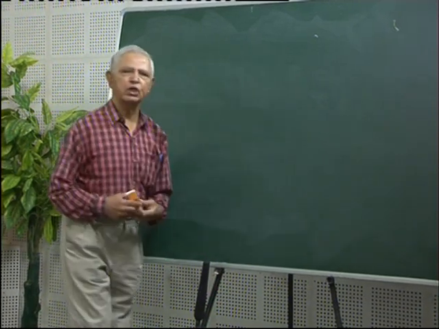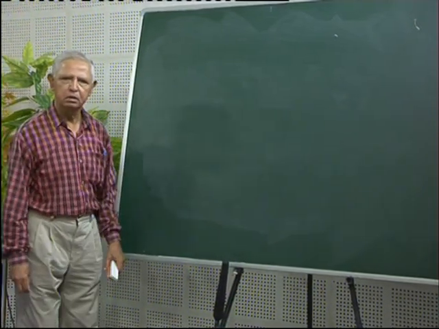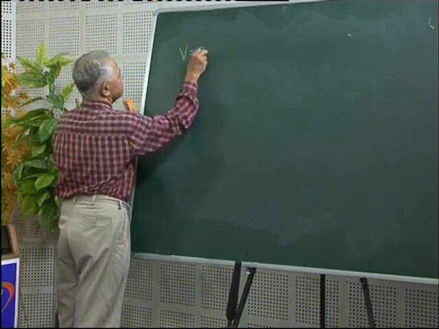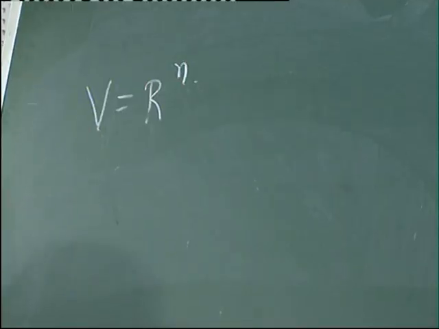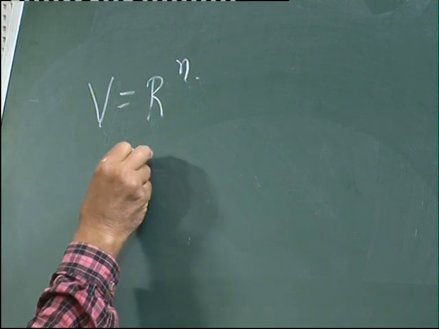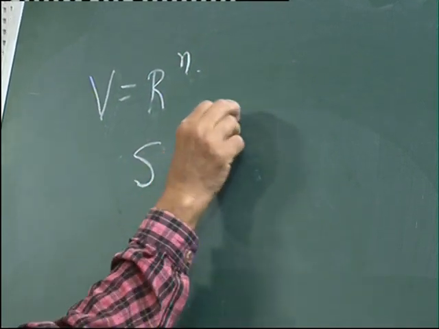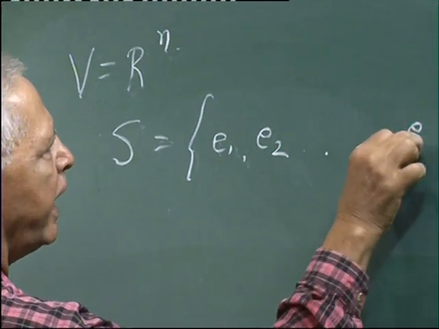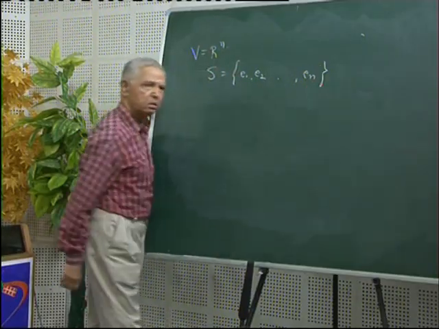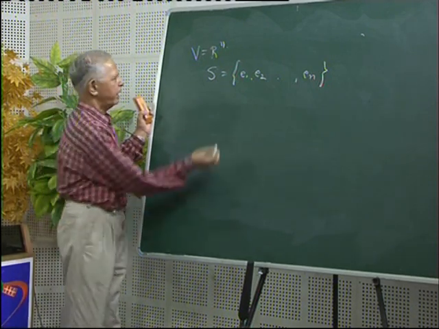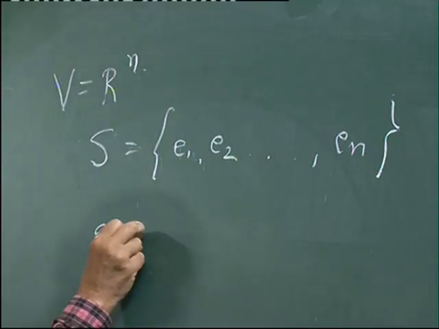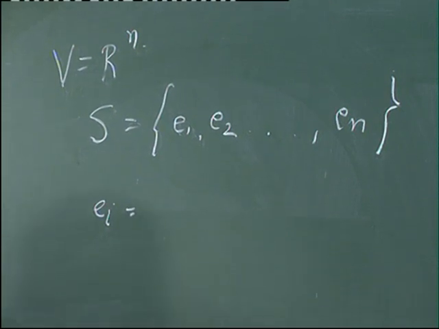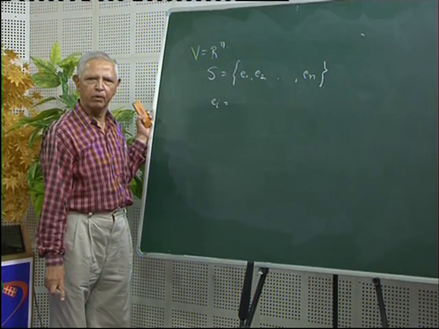using the notion of linear combination. Let us take the vector space V equal to Rn and consider its subset S equal to {e1, e2, ..., en}. And what is ei? ei is an n-tuple with i-th coordinate 1 and other coordinates equal to 0.